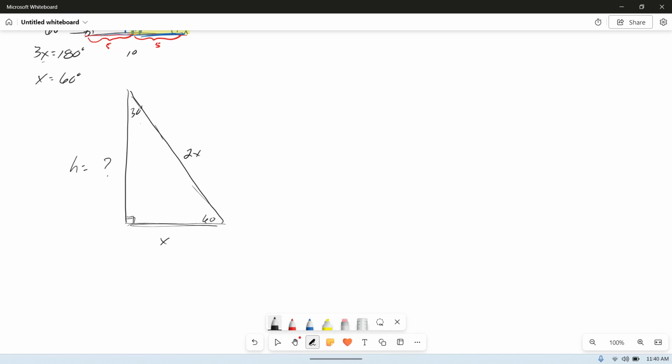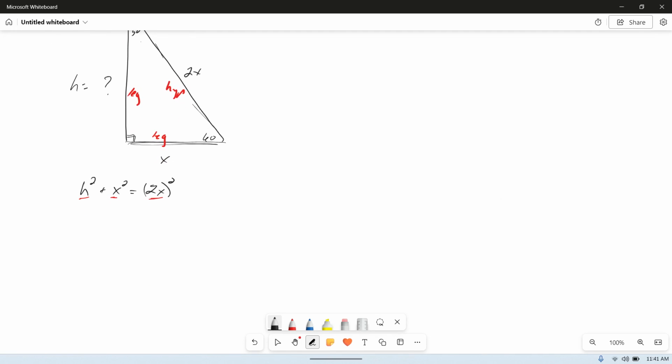I'm going to use my Pythagorean theorem: h squared plus x squared equals (2x) squared. Remember that the Pythagorean theorem is leg squared plus leg squared equals hypotenuse squared. So I've got the leg h squared, the leg x squared, and the hypotenuse (2x) squared.